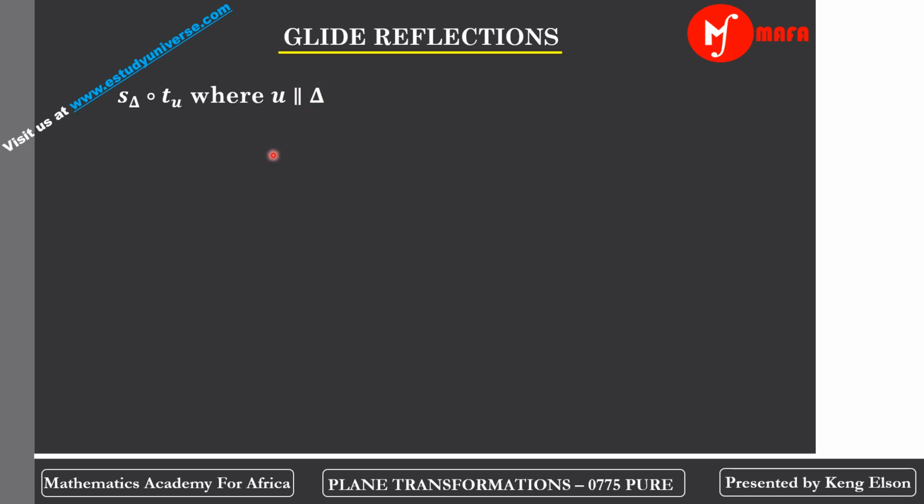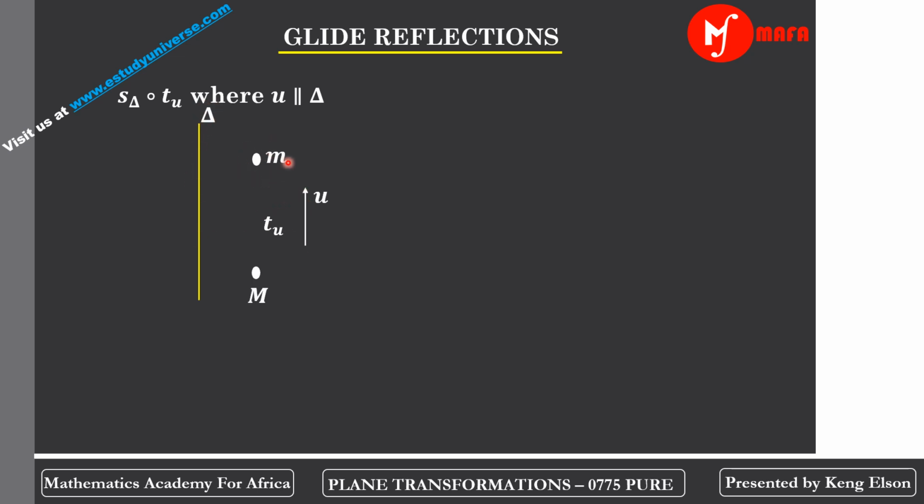Now let us picture this geometrically. If we have a point M and we transform this point M, that is gliding, translating, we transform this point M to a point small m by a translation T whose vector is U. Here is the direction of my translation vector. Then later I have to reflect about an axis delta that is parallel to the translation vector.